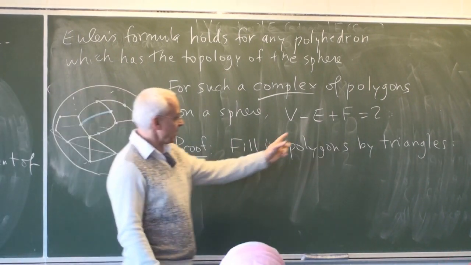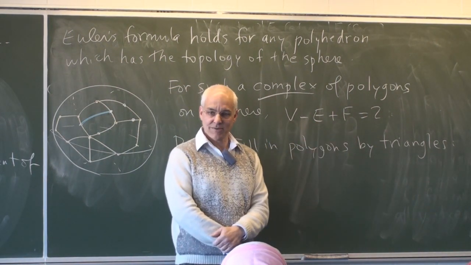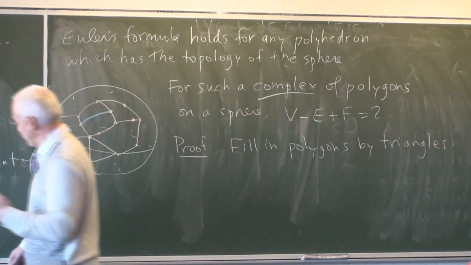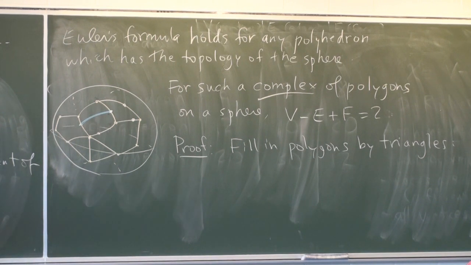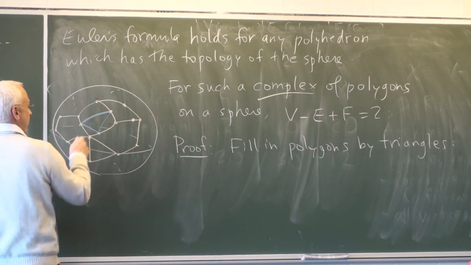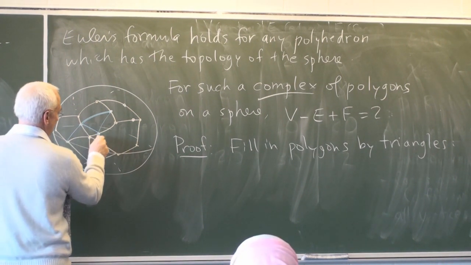So if I've increased the number of edges by 1 and increased the number of faces by 1, then this quantity hasn't changed. So the quantity v minus e plus f is unchanged by this kind of subdivision. And now I just keep doing that until I've got lots of triangles.